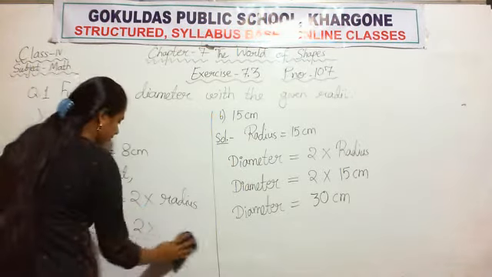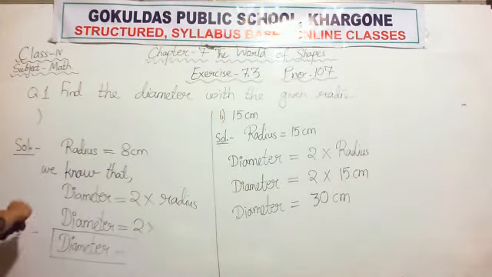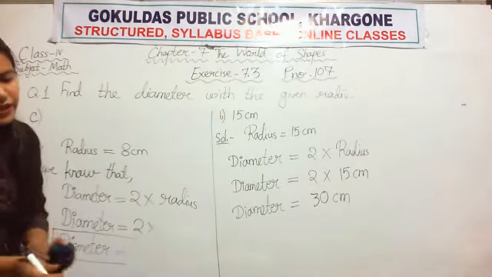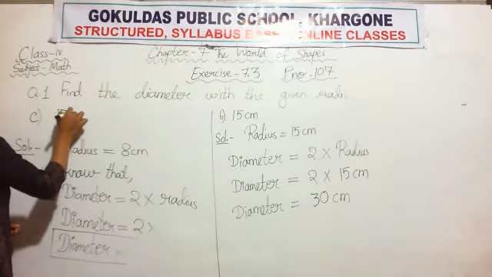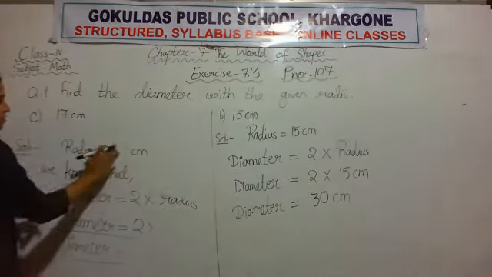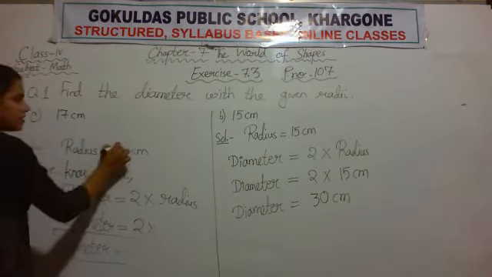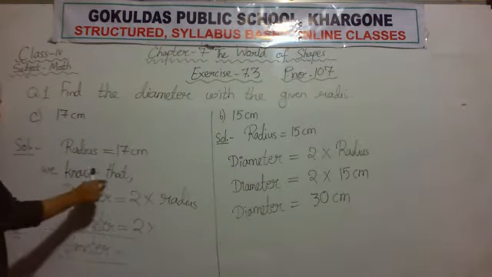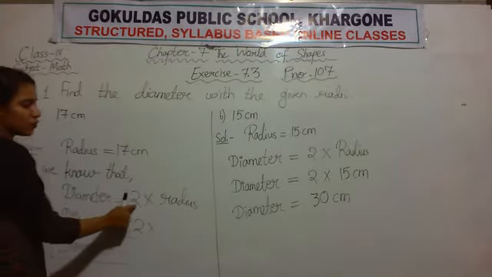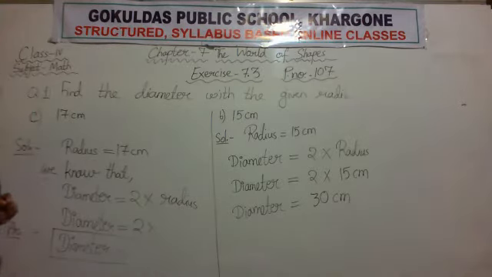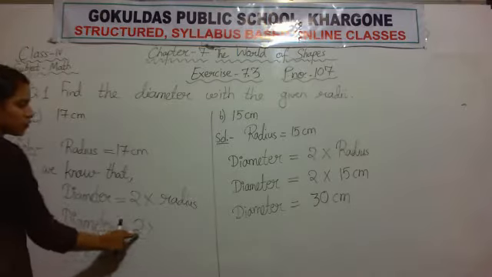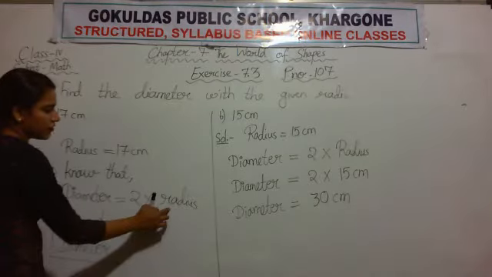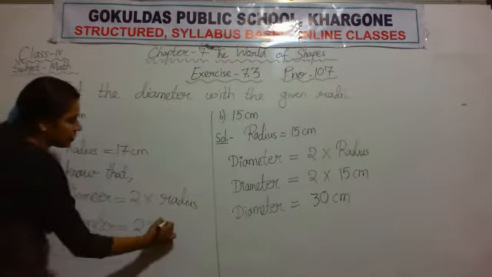For question C, we have given radius of 17 centimeter. Radius is given, which is 17 centimeter. Now we know that diameter is equal to 2 multiply with radius. So diameter is equal to 2 multiply with, what is the value of radius here? 17 centimeter, right?